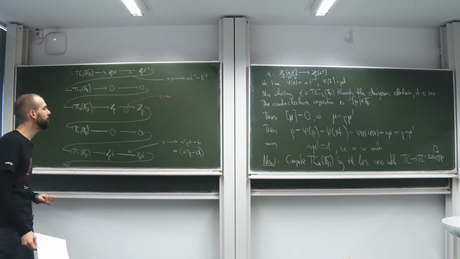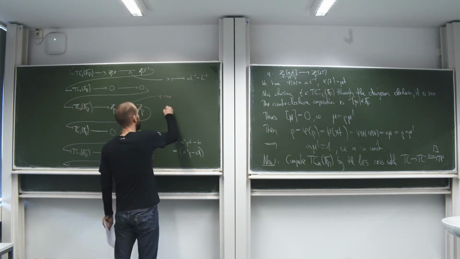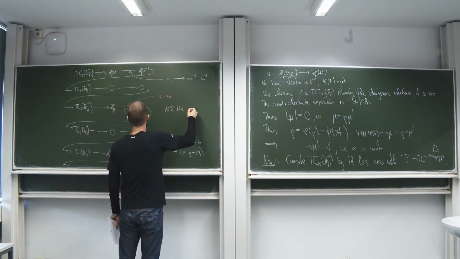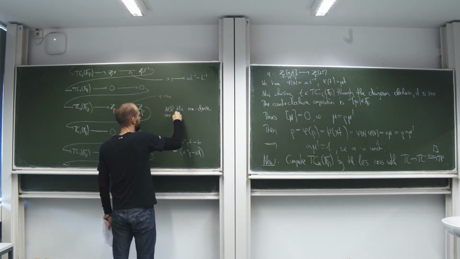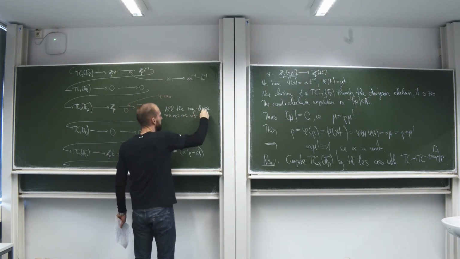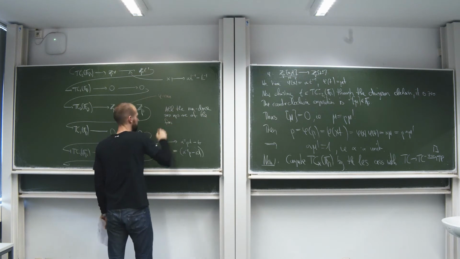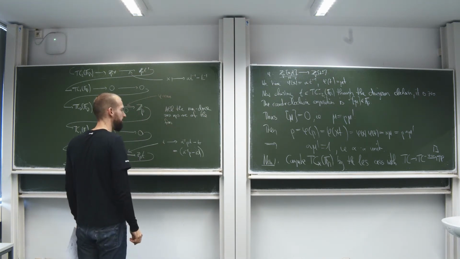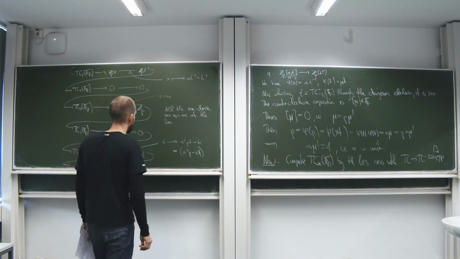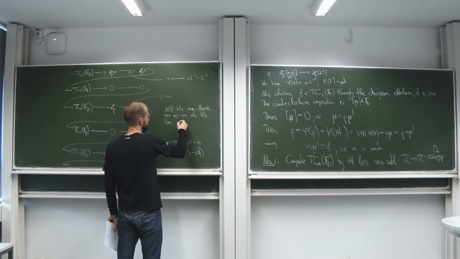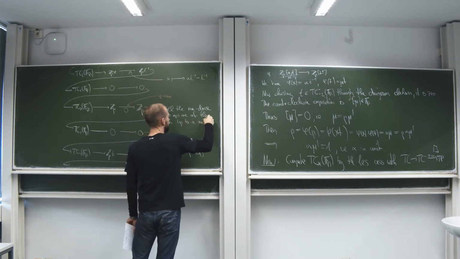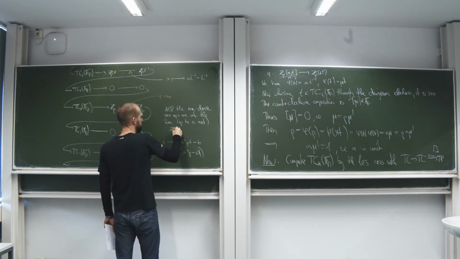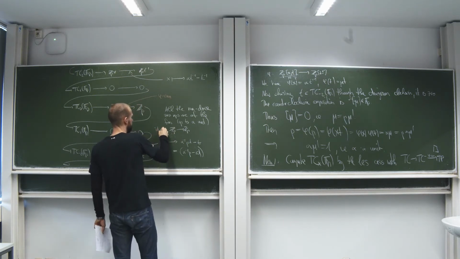So you see all the non-degree 0 maps are of the form, up to a unit, ZP to ZP, identity minus p times alpha.